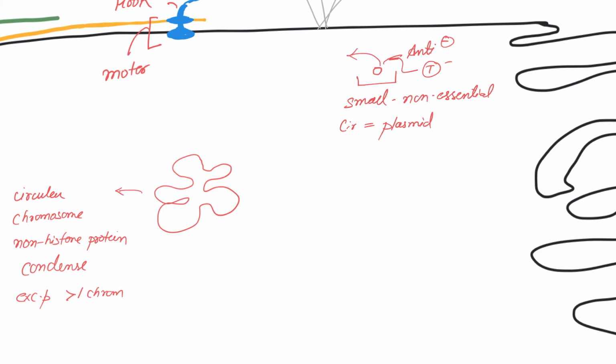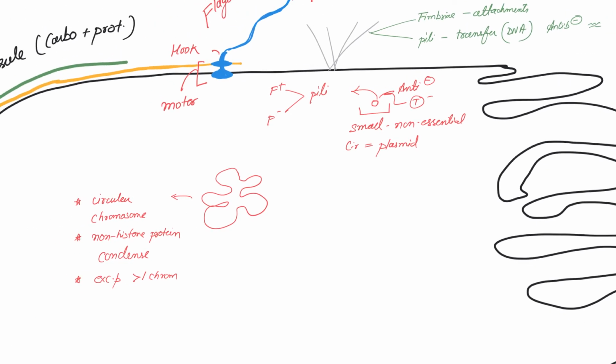They might also have the gene for formation of pili. On the basis of that, the bacteria can be an F plus, they have the pili forming gene, or an F plasmid, or they might be called an F minus. So you see that they have a lot of mechanisms. They believe in sharing is caring, right?